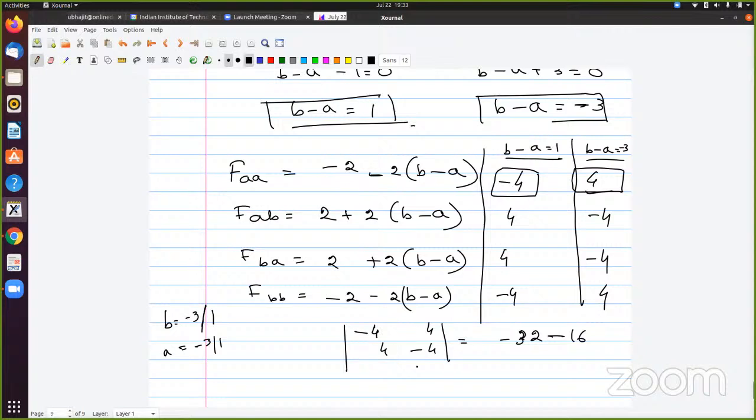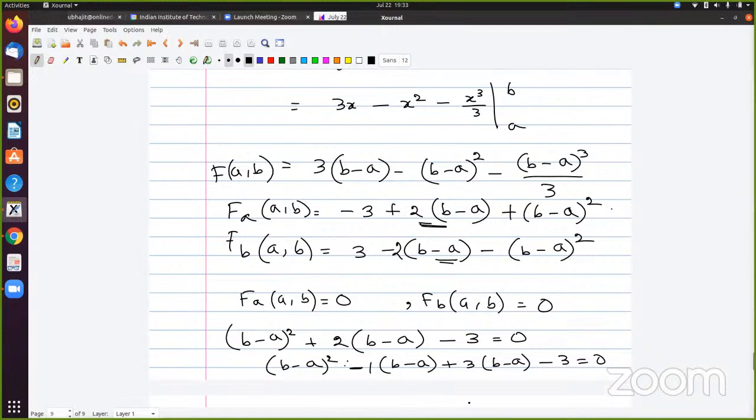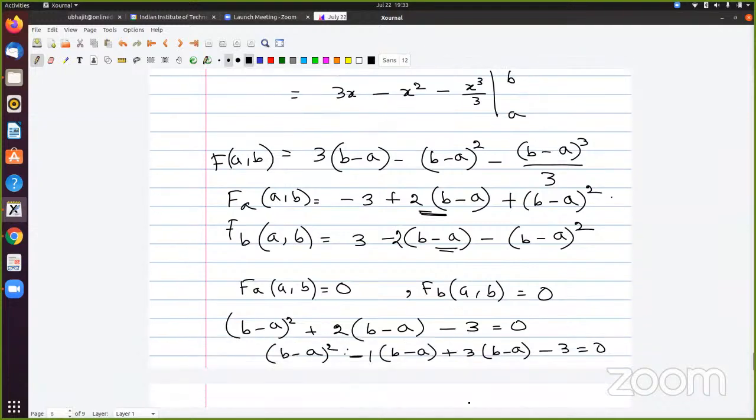So 16. No, I have done some mistake. This is again becoming 0. Somewhere I have done some mistake here. Okay, so let me check later what I have done here.